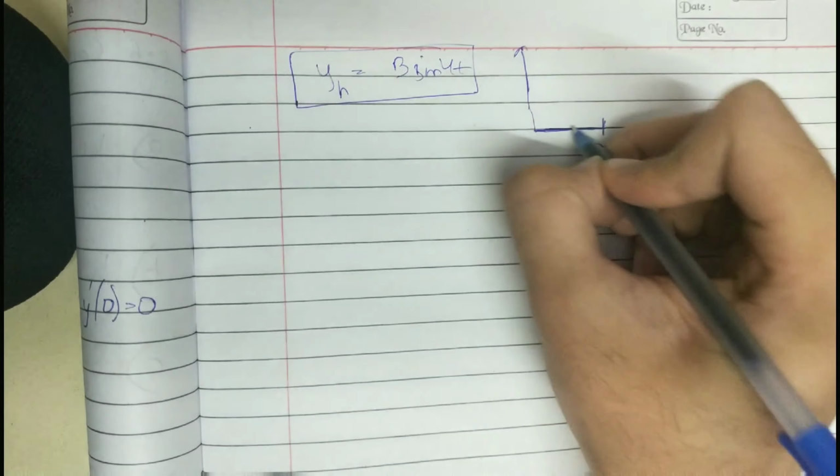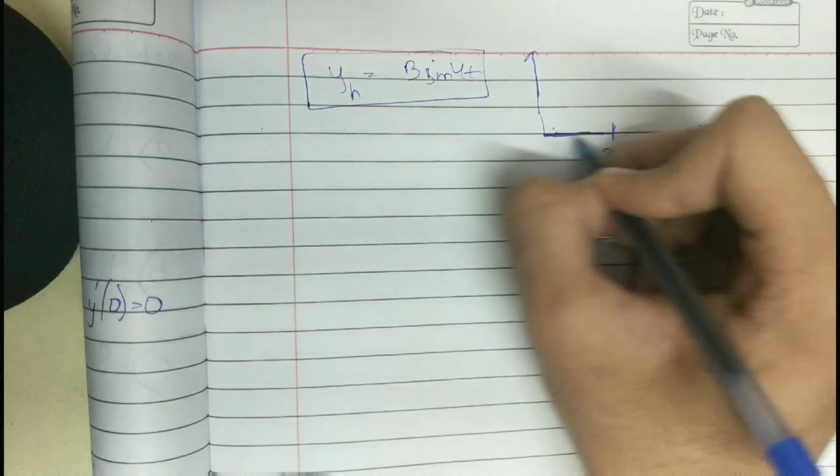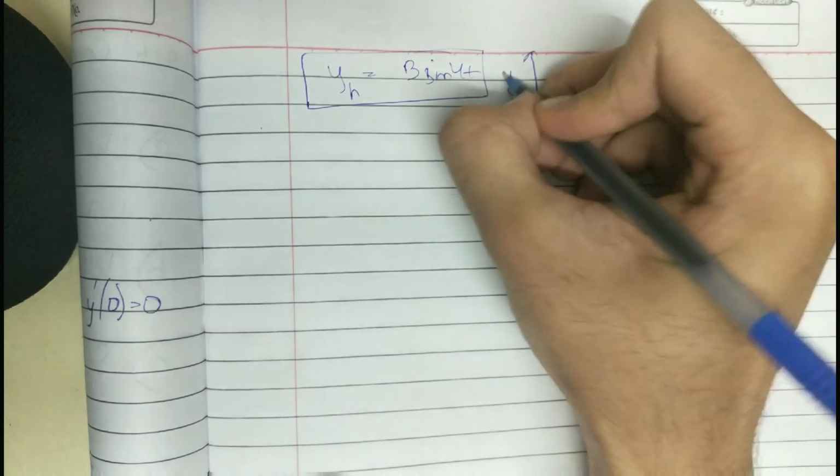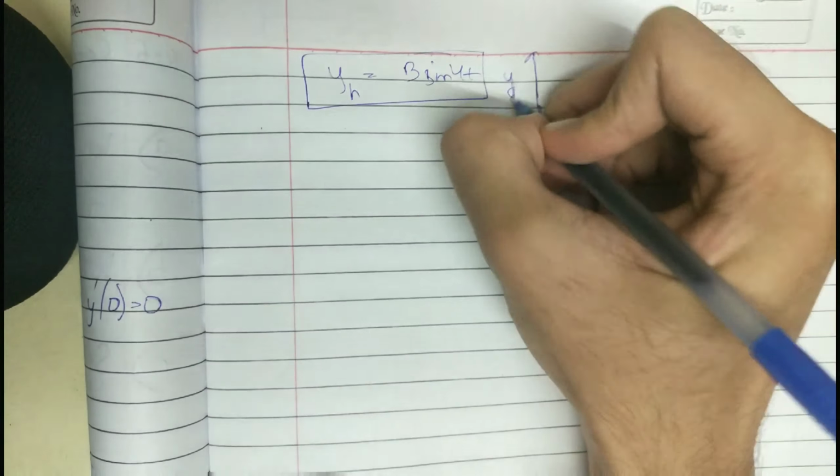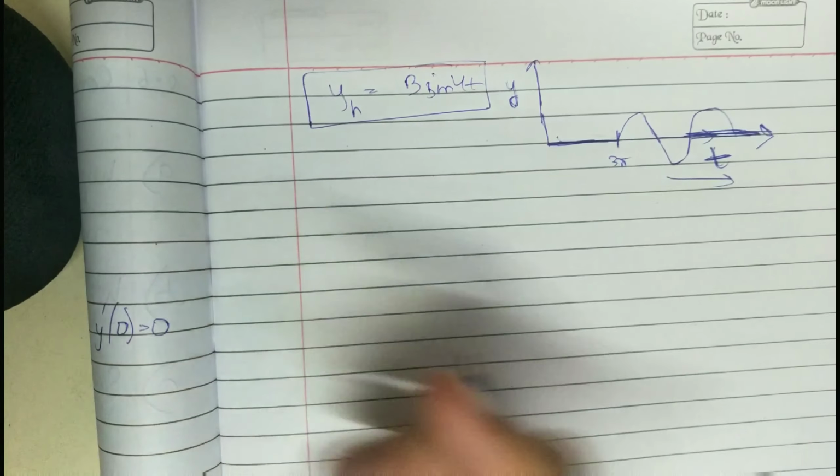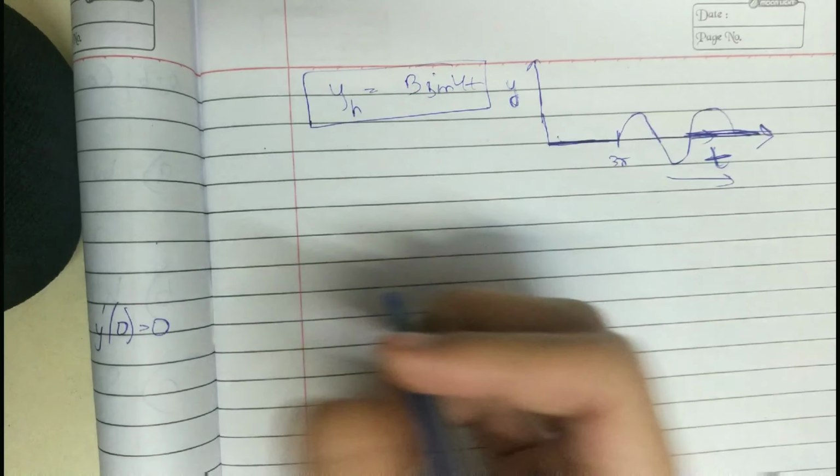Before 3 pi there would be 0, that is, there will be no motion, but after 3 pi the motion would be that of a sine wave. So the motion would be of a sine wave after t is equal to 3 pi, and this would go on infinitely because of the undamped conditions, right? This concludes our second part.